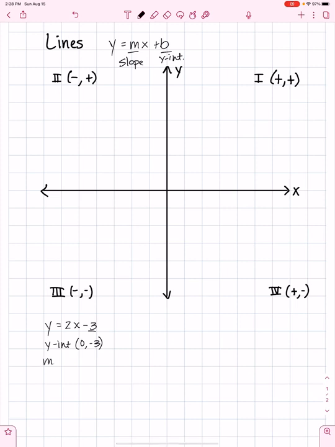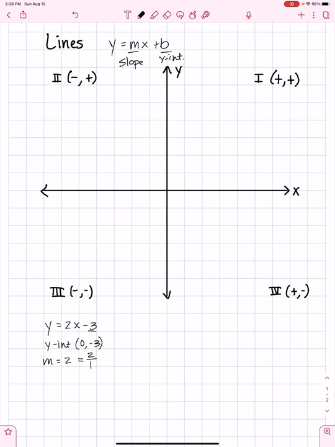The slope is 2. And I always like to think of my slopes as a fraction so that I can graph them accurately. So if it's 2, any number is understood to be over 1. So the slope is actually 2 over 1.